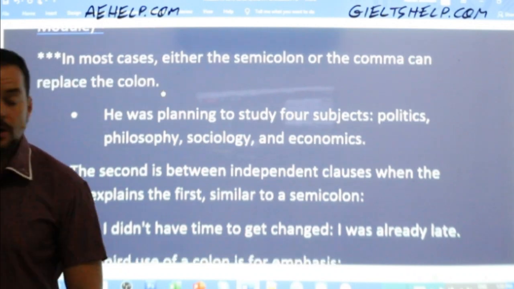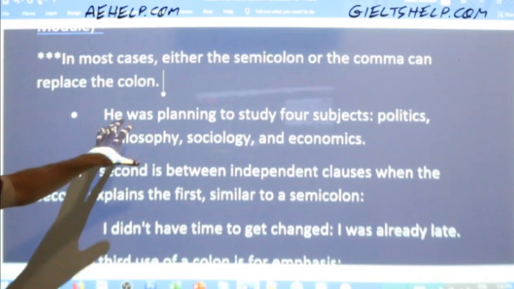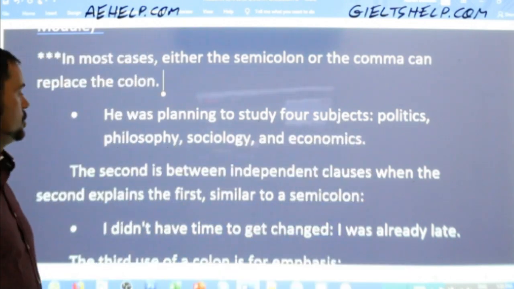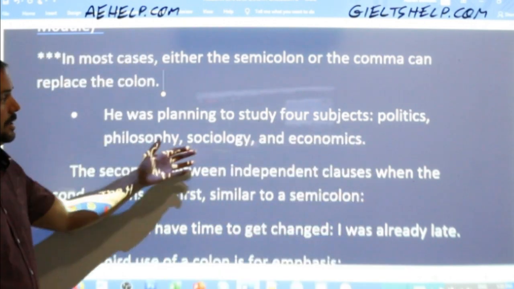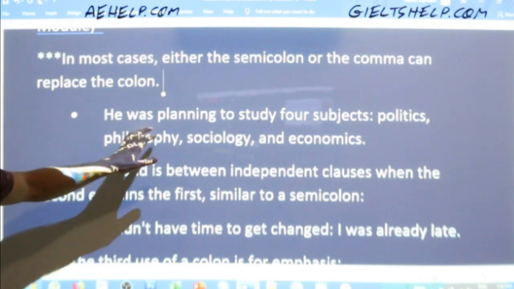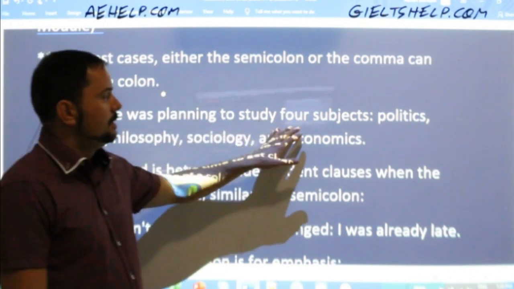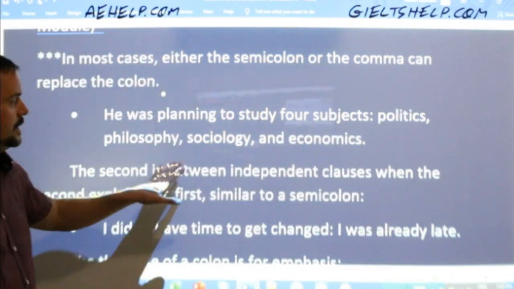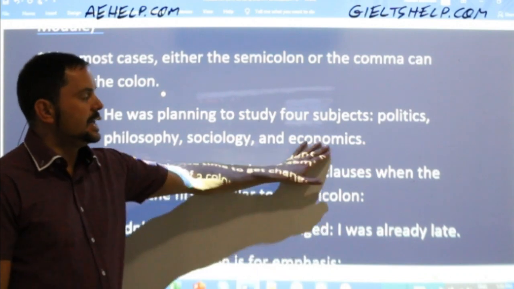All right, so here is our first example of using the colon. The colon here is used to introduce a list of nouns, okay? So read with me. He was planning to study 4 subjects: politics, philosophy, sociology, and economics.